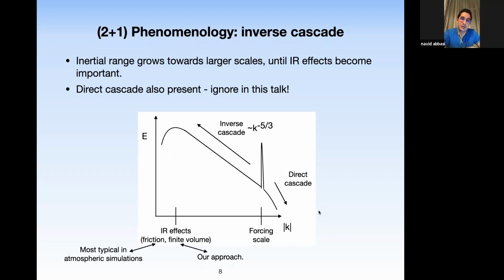Standard simulations that claim to have Kolmogorov scaling see it in the power spectrum, and they also see it for the first few structure functions, but they're never quite able to see it all the way to the 10th longitudinal structure function, as we saw.